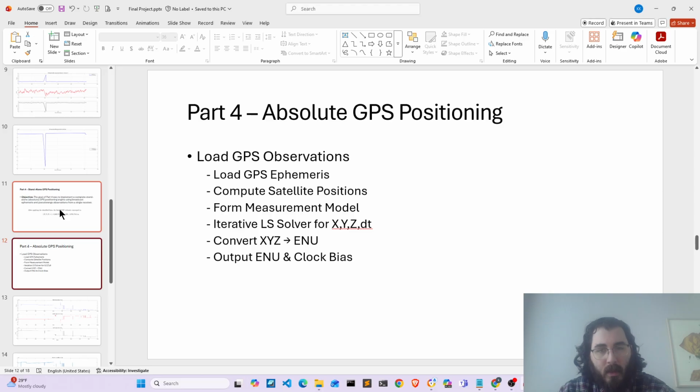Here we go. Extract ranges for each epoch, propagate satellite positions using the ephemerides, form the linearized measurement model, solve for ECF position and clock bias, and lastly convert all the results to ENU relative to the mean position.